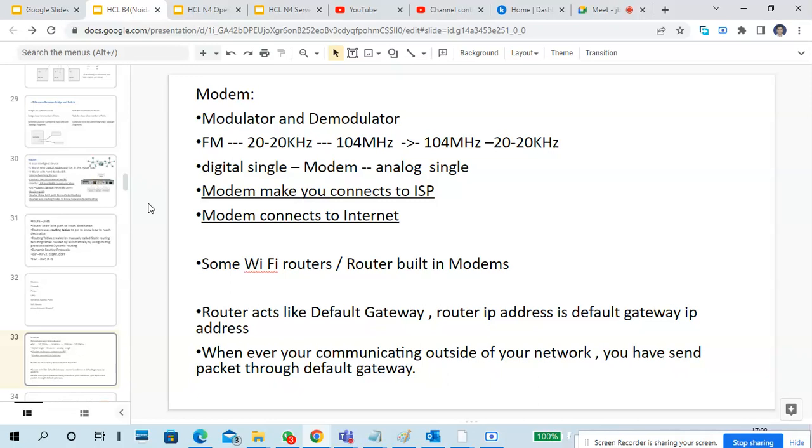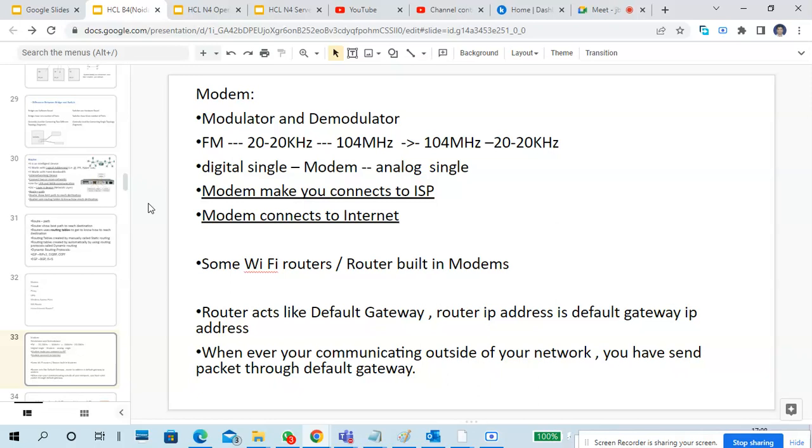Whenever they tune to the carrier signal, they can receive it, and the high frequency signal is filtered out and they get the original signal. So this is called baseband and broadband signal communication. What does baseband mean? The original signal. So a modem converts baseband to broadband.